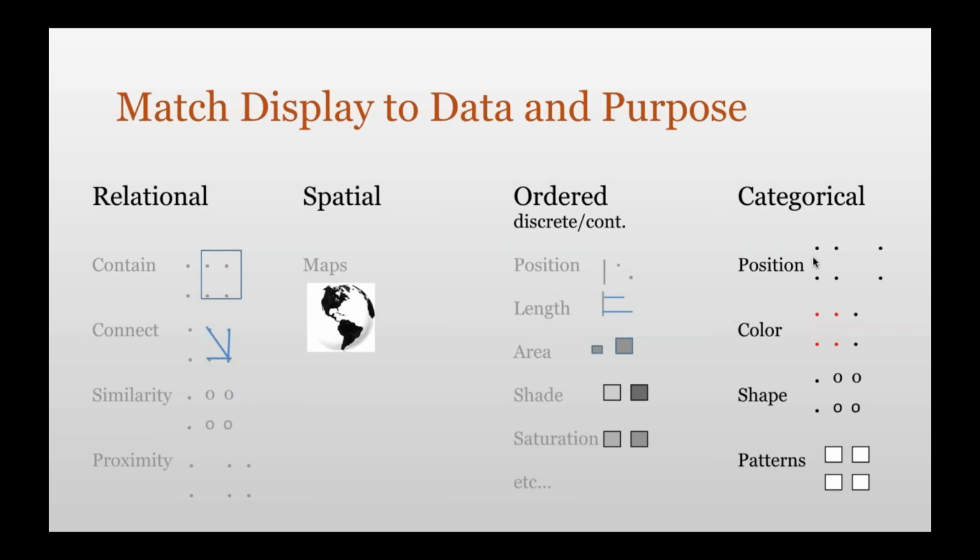Whereas with length, it's very easy to see with these lines that this line is a little bit less than twice as long as this line. With position as well, you're able to measure their relative position with relative ease. But if you're comparing these two squares, you don't. And this is just the human mind in general. It doesn't have a good intuition of is this square a quarter of the size of the bigger square, half, etc.